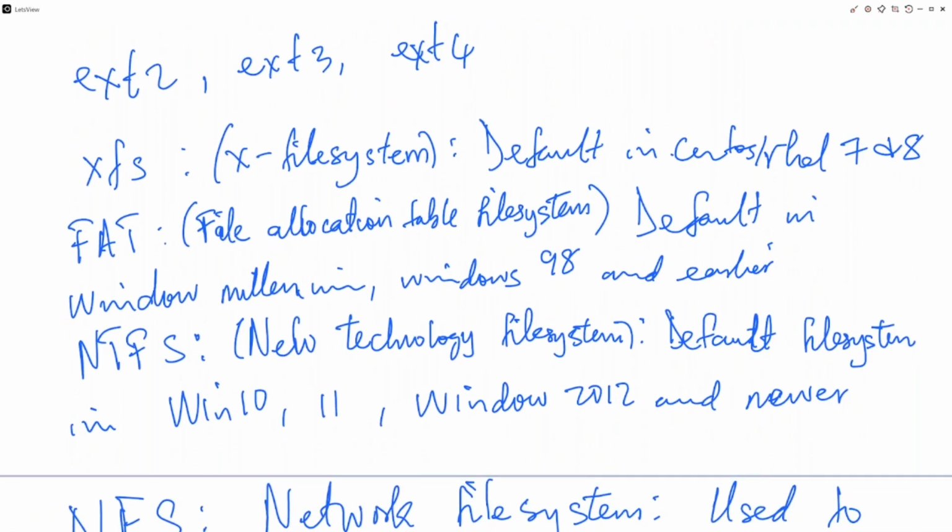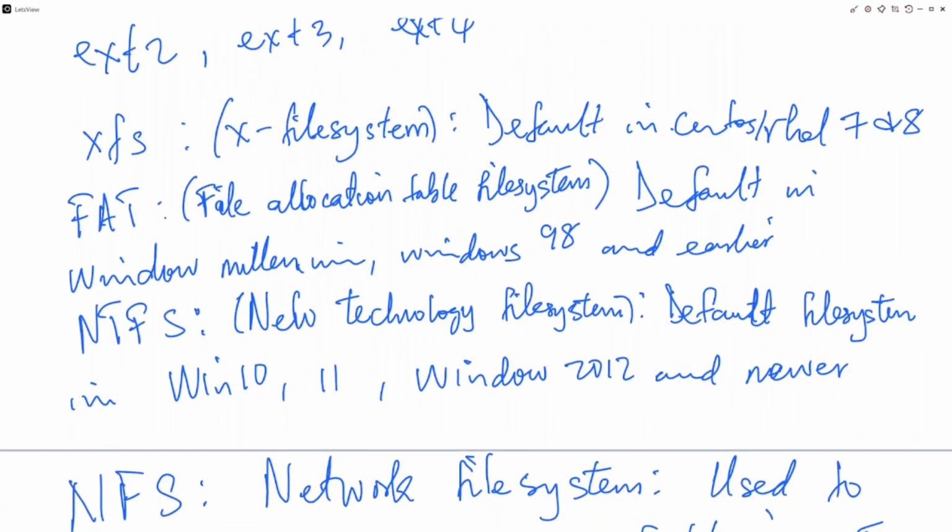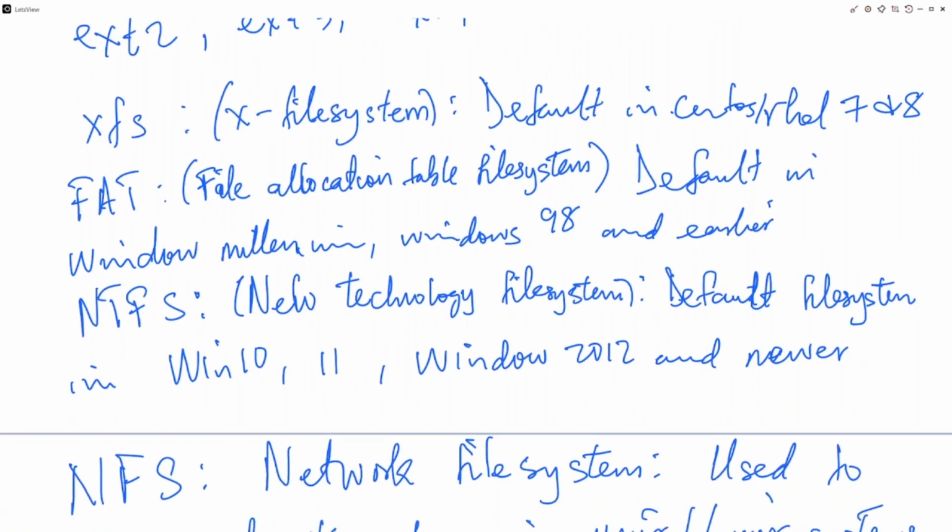Then we have FAT, the file allocation table file system, which is the default file system in very old Windows versions. And NTFS is the New Technology File System, which is the default file system in Windows Server 2012 and newer.